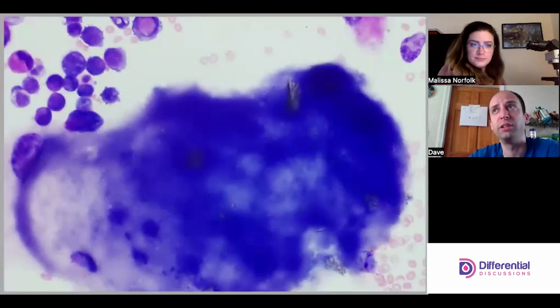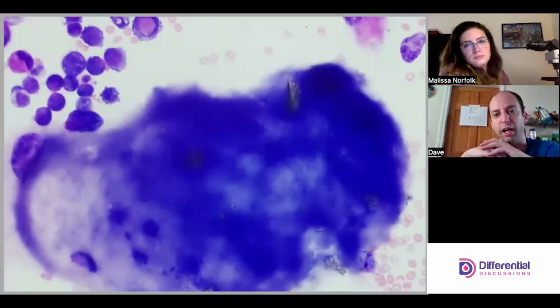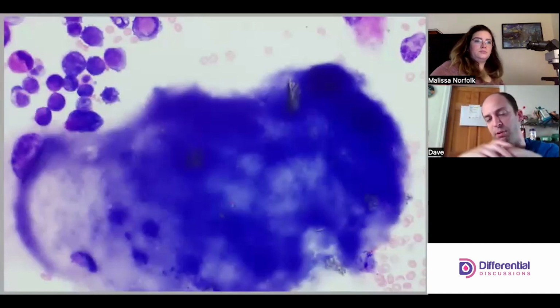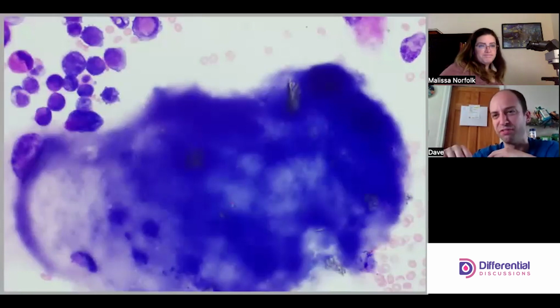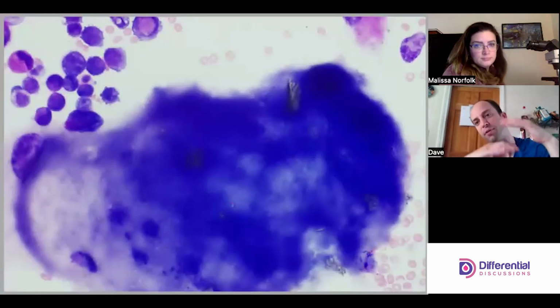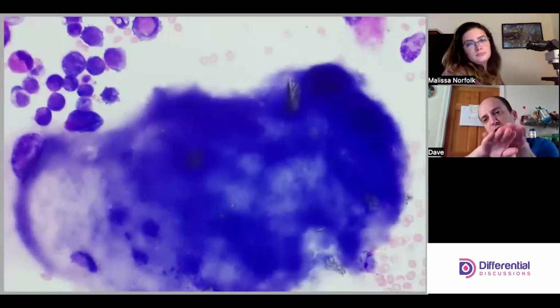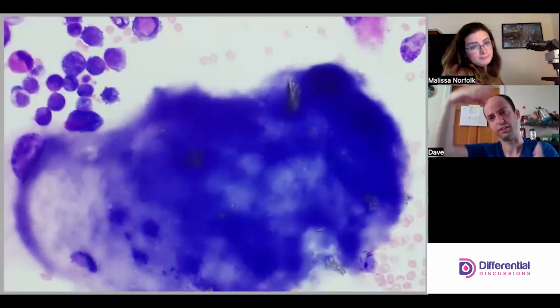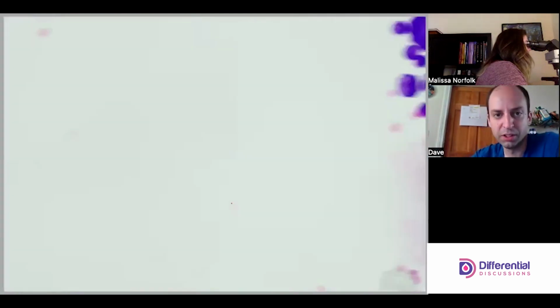You see this more frequently in pleural fluids, where we have a tumor in the pleural space, and we'll get these three-dimensional clusters of cells, and they'll just look like this big blue blob. When you go down to look, you can't really pick out the individual cells particularly well, but you can see there's a height, a depth to it, right? You can imagine a tumor that's growing out of control. They don't just grow in one direction; they tend to go everywhere. So having that depth is not unusual.